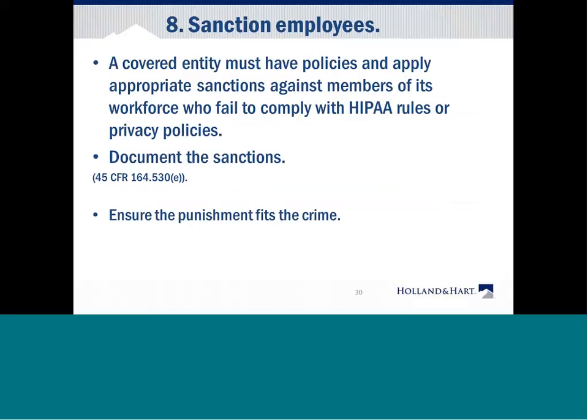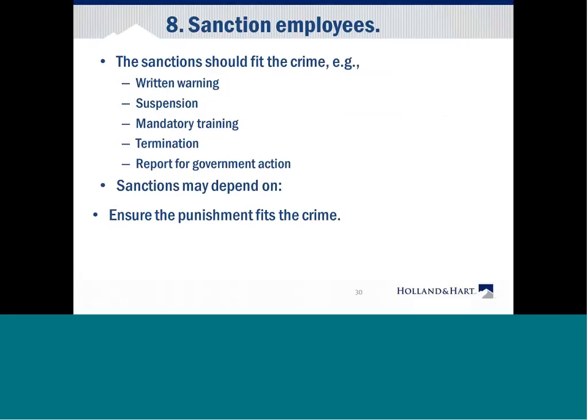Maybe if it's just more or less an innocent, relatively honest mistake, then it may be something less, anywhere from simply some kind of a written warning in their file, maybe requiring that employee to undergo additional HIPAA training, or maybe some kind of a suspension. Just make sure that the punishment fits the crime. Hopefully you have your employment policies or have all of your employees sign confidentiality agreements that warn them of the potential penalties that can apply if they violate HIPAA.